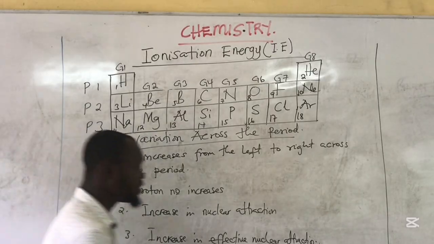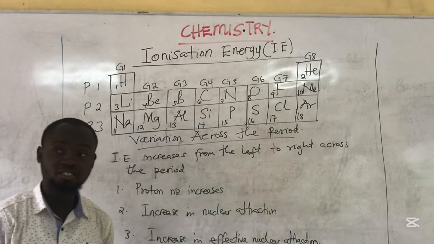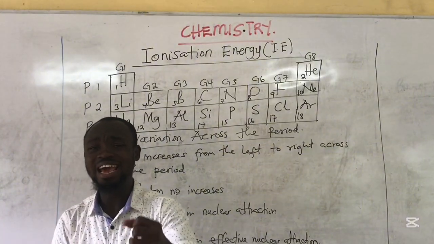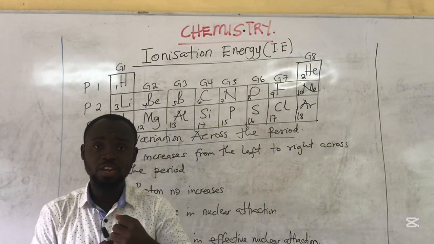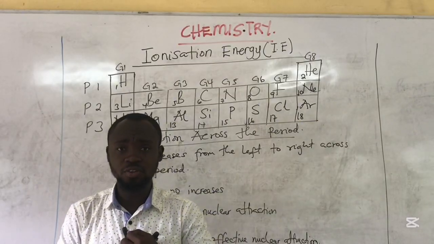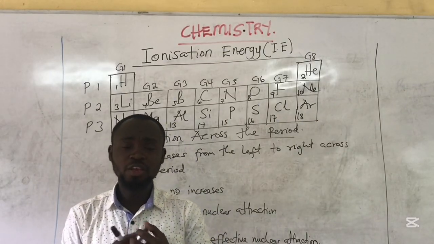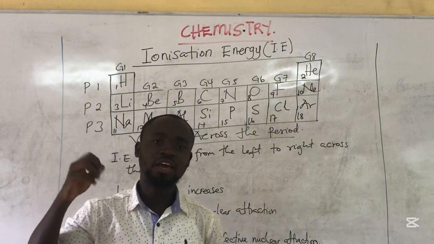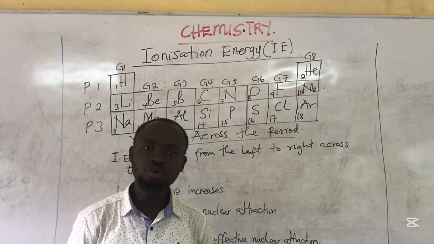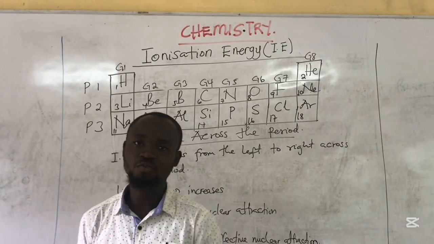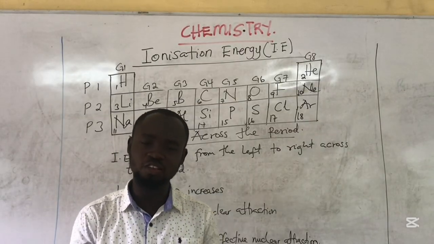And when there is an increase in effective nuclear attraction, it simply means that the valence electrons are held close to the protons. Is that okay? The valence electrons are held close to the nucleus, which contains the protons. So if I want to remove any electron from the valence shell, you require more energy because you need to overcome the proton attraction for the valence electron. That is very, very strong as well. Is that okay?